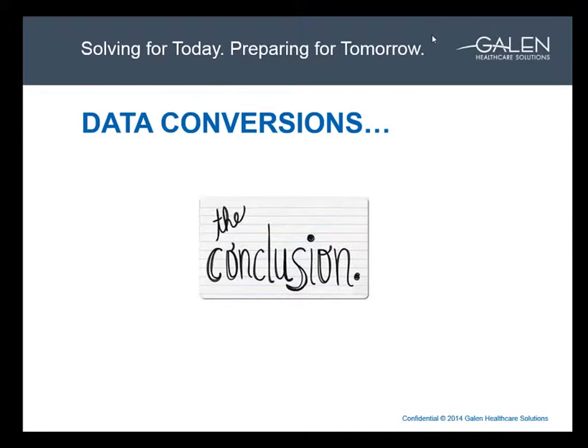So it actually really depends on which target EHR you're using, because the setup is different for each one. However, overall, what we're trying to do is make sure that the data that we're mapping to the target system will actually trigger the health maintenance alert.